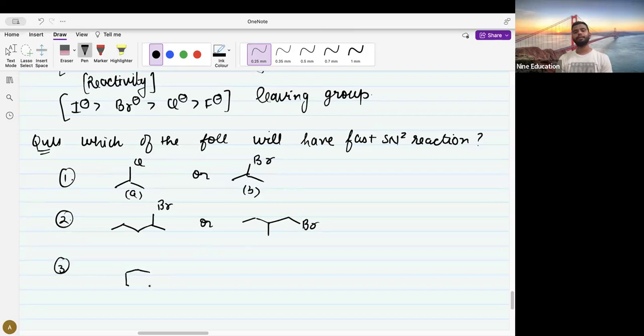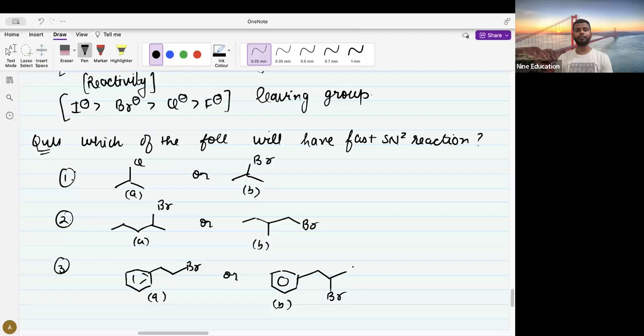Third one, C. So 1, 2, 3. This is A, B. You can write the answer as 1A, 2A, 3A or 1B, 2A, 3B. Tell me the answer.